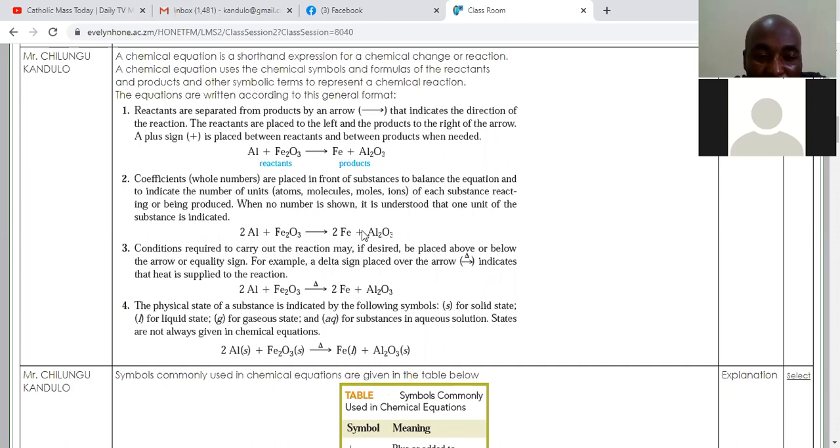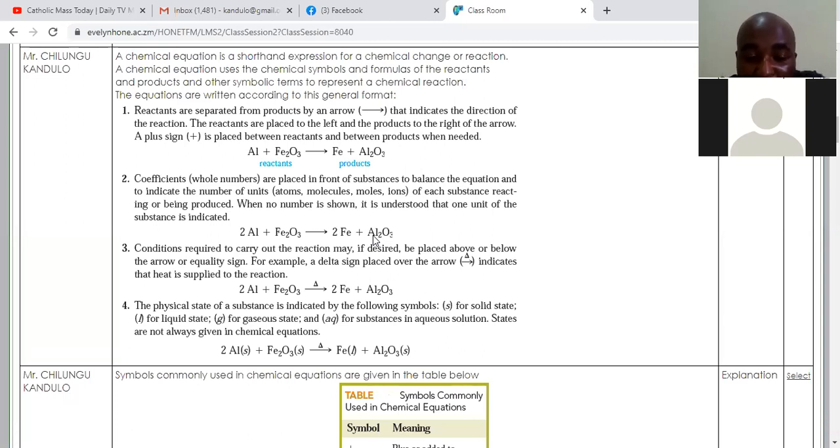When you want to get back whole numbers, you multiply everything by 2, then the half and the 2, when they multiply, it becomes 1. Then conditions are sometimes placed on top of the arrow, the conditions desired for the reaction to take place.